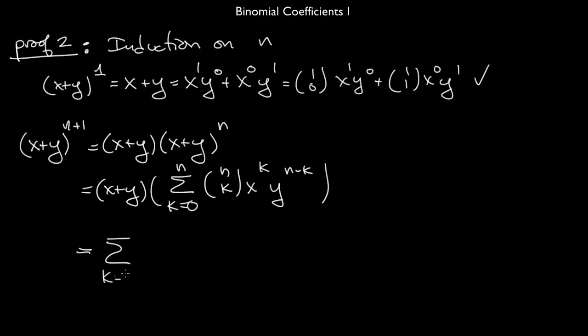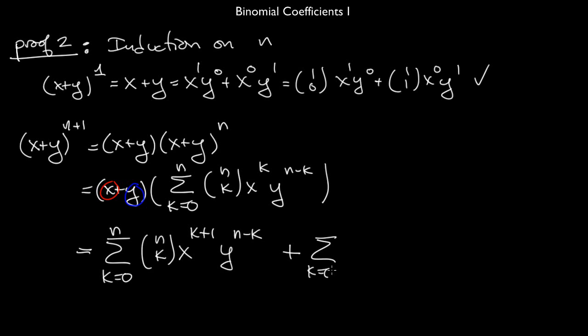Well, when you multiply it out, there's going to be a term that comes from multiplying this x times the summand, and that's going to raise the power of x. So you're going to get the summation of n choose k, x to the k plus 1, and the y is going to stay the same power. And then when you do the same thing with the y term, you're going to get a similar sum, except now the power of y is increased by 1.